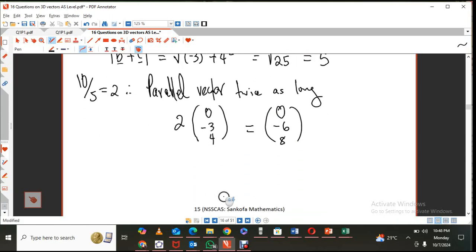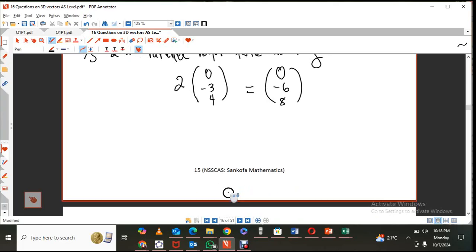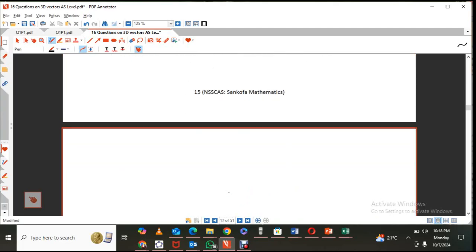Of course, there's also another way that you can do this question, and I'm going to write it here. The second way is a bit longer, but it will come in handy whenever you're going to calculate and find that. So the first thing is a unit vector. Very important that you know that.